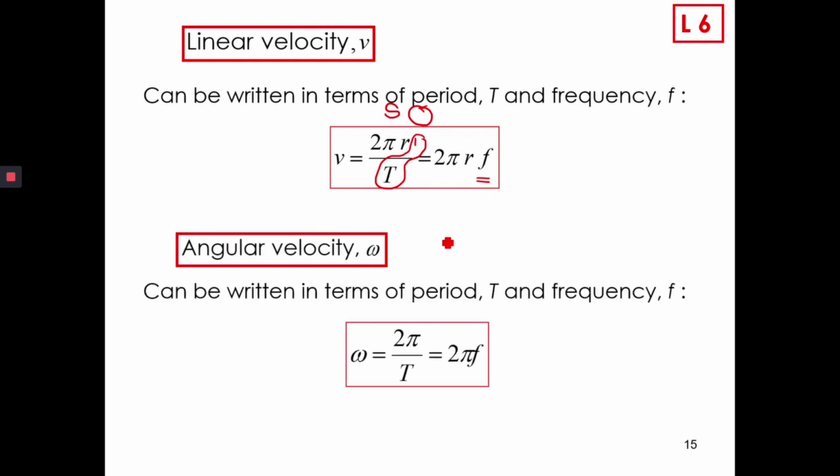Angular velocity, how can you relate it to frequency? Angular velocity is equal to 2 pi over t or equal to 2 pi f.